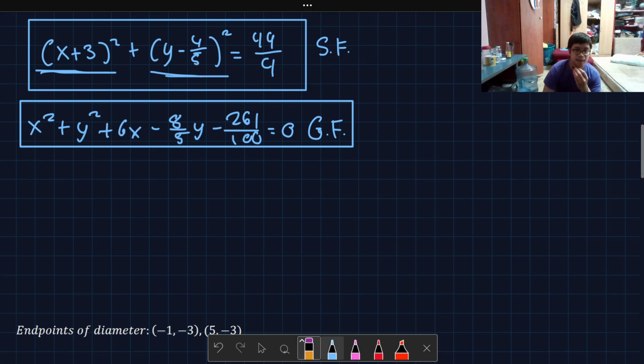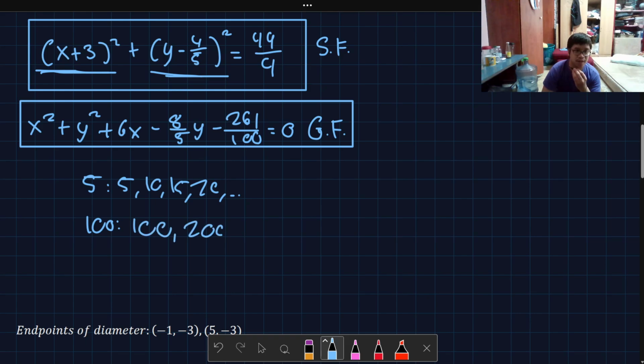Because if I list all the multiples of 5, we will have 5, 10, 15, 20, and so on. For 100, if we list the multiples, we will have 100, 200, 300, and so on.